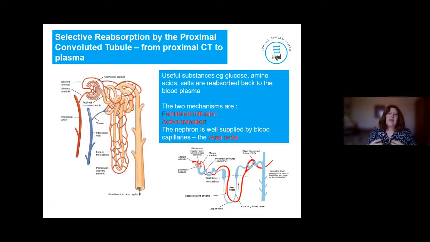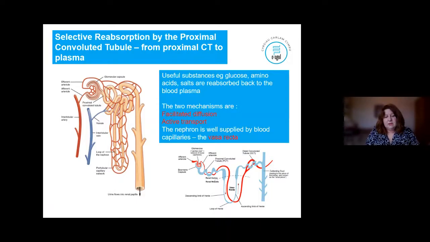So what's happened is that things have been forced out from the blood into the Bowman's capsule and into the proximal convoluted tubule, just by size. So it's quite indiscriminate, really. And of course, that includes substances that are essential for us, like glucose, to name but one. And so we need to selectively reabsorb certain substances like glucose, and that's where it gets its name.